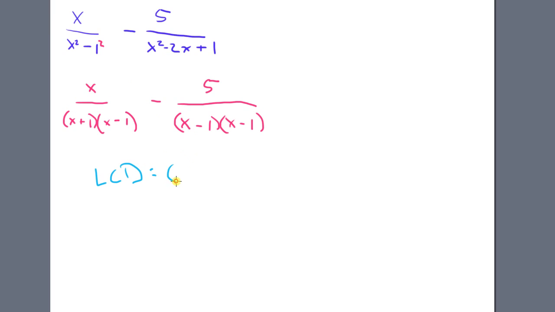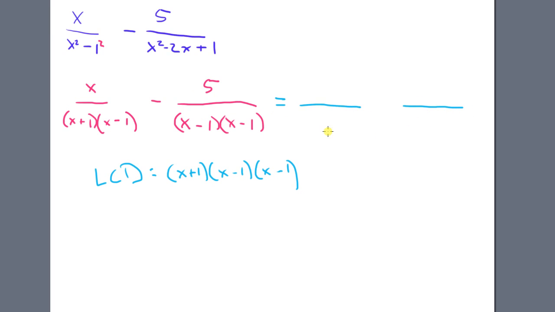And it looks to me like the LCD would be x plus 1, x minus 1, x minus 1. And I got that because I need something that all of these factors will go into. So x plus 1, x minus 1 captures the left, and the x minus 1, x minus 1 captures the right.